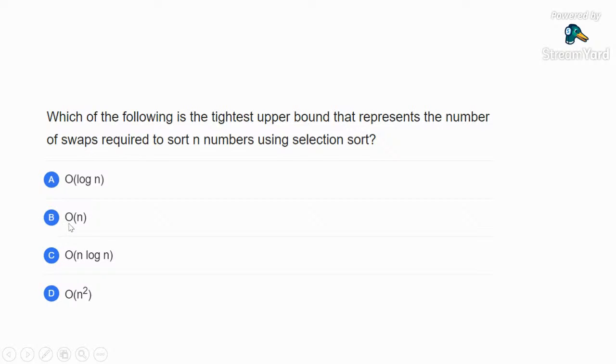The growth of order n is similar to n minus 1. If you compare n log n with n minus 1, the growth of n log n will be larger. If you compare n square and n minus 1, the growth of n square will be larger. So the bounds provided by n log n and n square will not be asymptotically tight. The bound provided by order of n will be asymptotically tight. So the correct option is B.